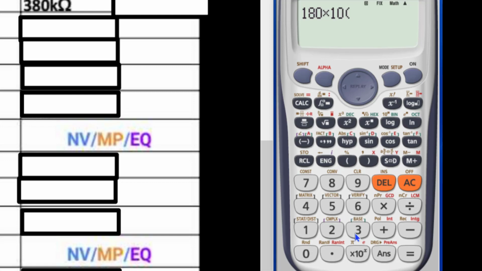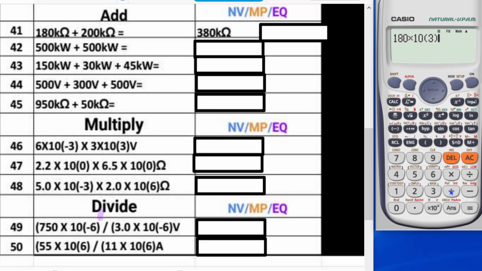If I was to open parentheses, close parentheses, plus 200 times 10 to the third, yeah, that's not the right answer at all. The answer you're looking for is 380 k ohms. And this is 11.4 k ohms. So it did not add it correctly.